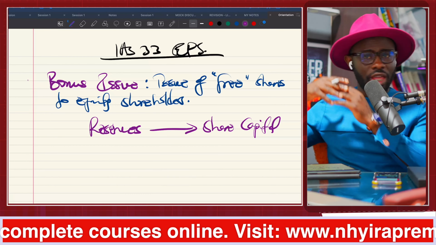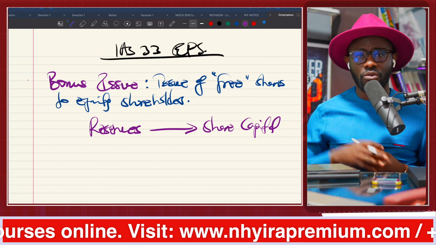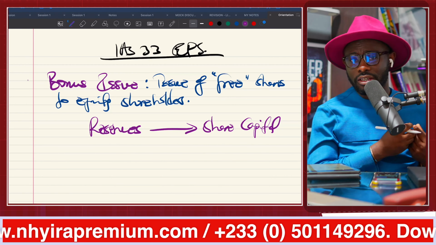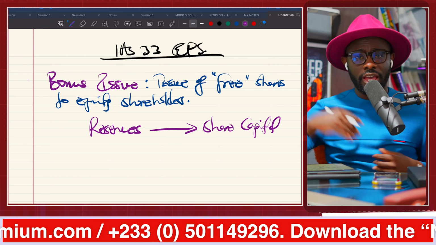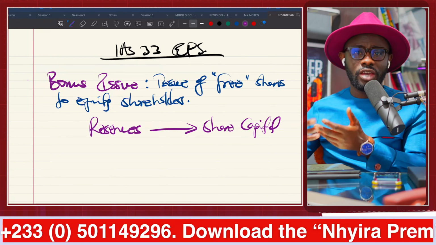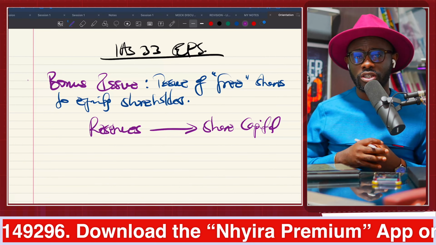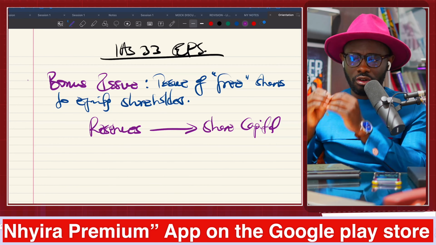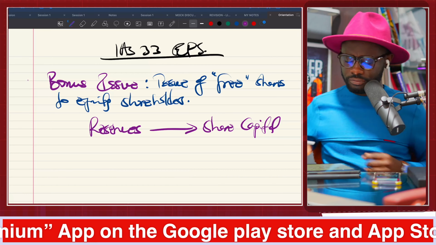It means we are just giving ordinary shareholders more shares, but they are not paying anything for it. Unlike a rights issue, where they're going to pay below the prevailing average share price of the shares, in a bonus issue they are getting new shares, but they're not going to pay anything for it.